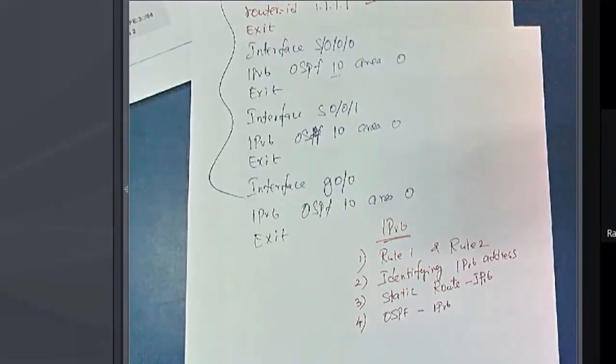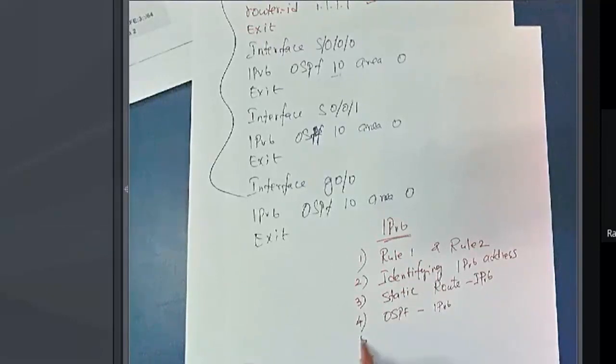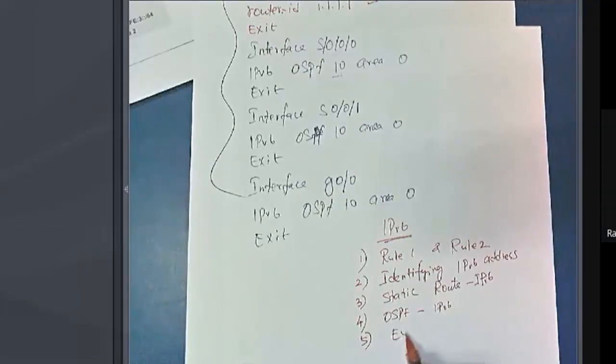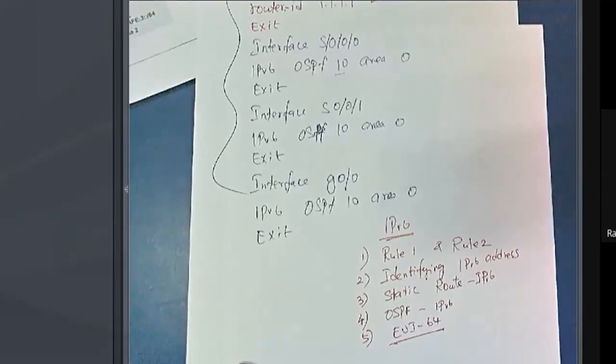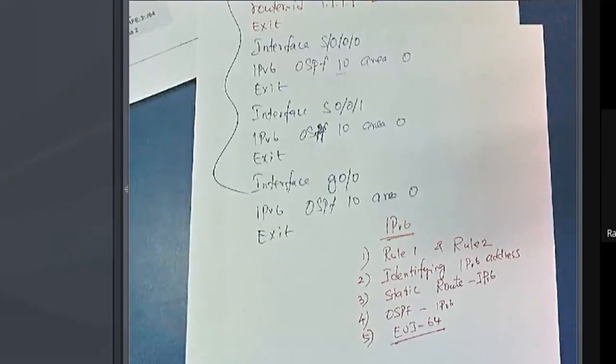Today only I explained this. Then the next one, very important, is the EUI-64 process. So these are the important things as far as IPv6 is concerned. Please be careful with this.